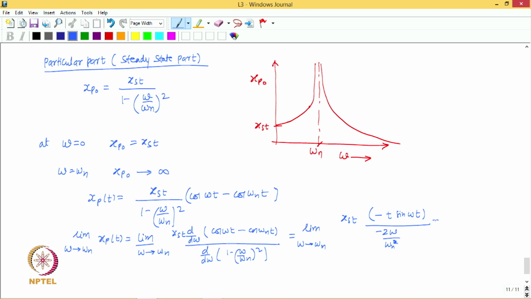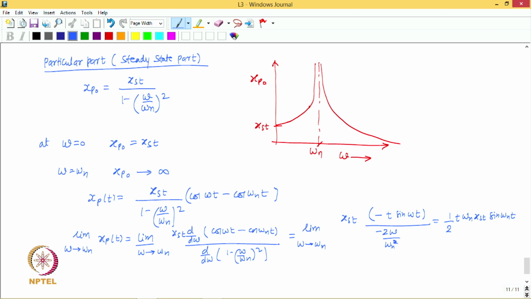That simplifies, and taking the limit as omega tends to omega n, I get half t omega n x static sine omega n t. That is what I get as the limit of x p t as omega tends to omega n.